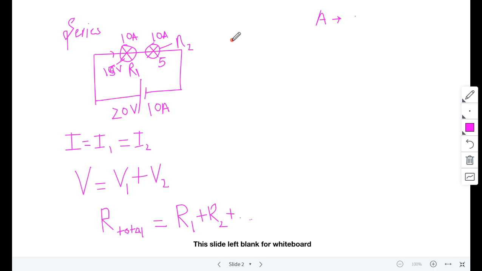Yes. Okay, so this is how to find the resistance of each component.